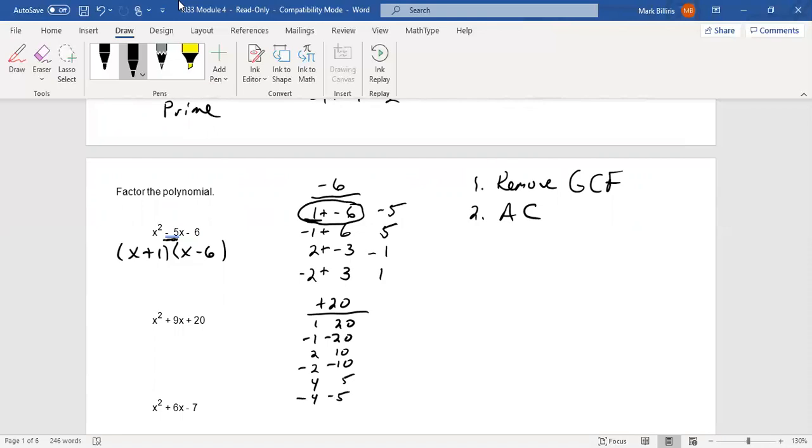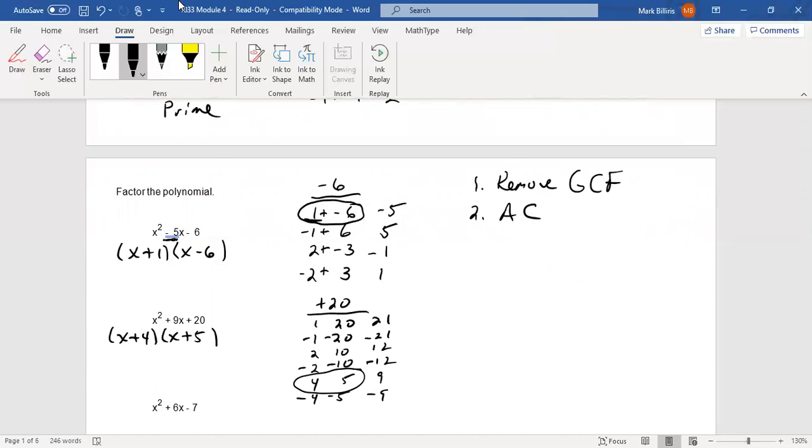Okay, then I'm going to add them together and choose the pair that adds to give me a +9. If there weren't any, then it wouldn't be factorable. So in this case, 4 and 5. That means a +4 and a +5. So inside parentheses, I have x plus 4 and x plus 5.